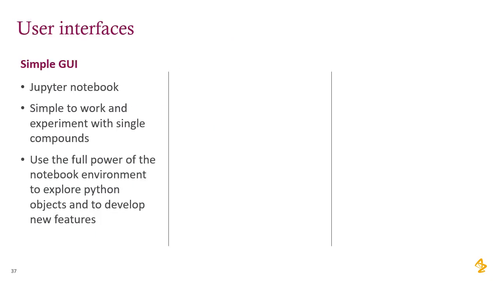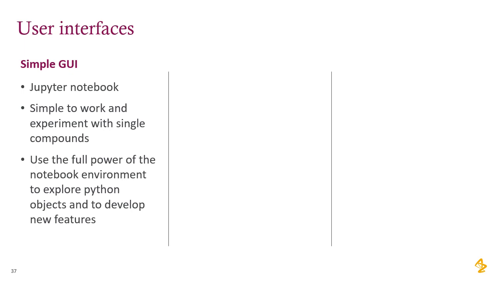And how do you use the software? Just a little overview of that. There is a simple GUI based on a Jupyter notebook and some widgets in a Jupyter notebook. It's simple to work and experiment with single compounds. And the advantage is that you can use the full power of the notebook environment to explore Python objects and to develop new features.